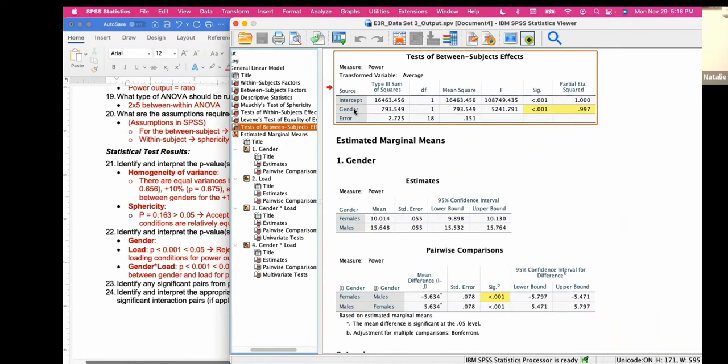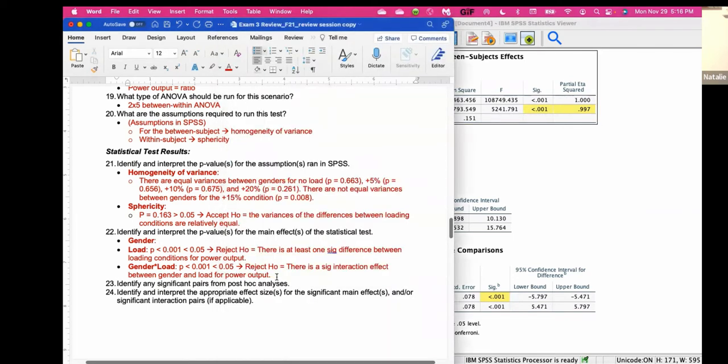And that will tell us what our p-value is for the main effect of gender. So here we could see a p-value less than 0.001, which is less than 0.05. So we'd reject the null and say that gender has a significant effect on power output.